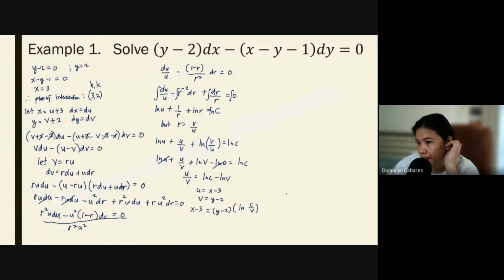Okay? Is the solution correct? Okay, so that is now our solution. X minus 3 is equal to y minus 2 times ln of c over v.